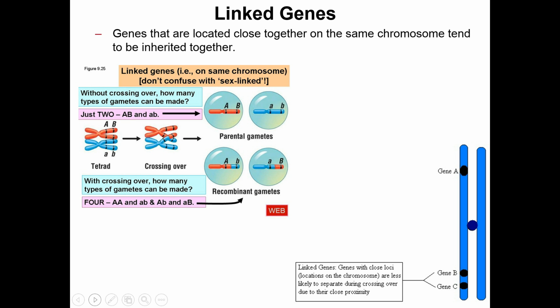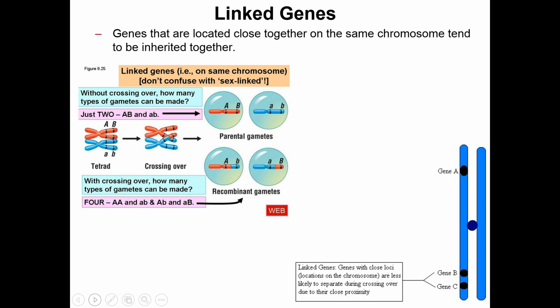So linked genes. Linked genes are inherited together. That means that genes that are closer together on a single chromosome tend to be inherited together.